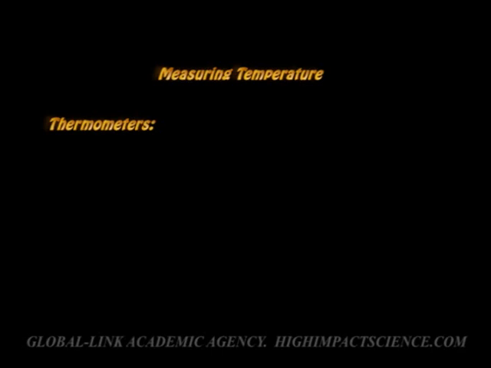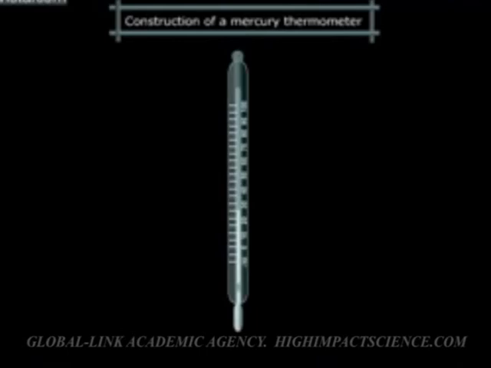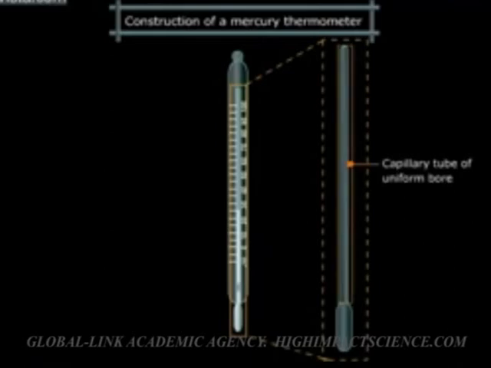Measuring temperature. The temperature of a body is measured using an instrument called a thermometer. A liquid like mercury or alcohol is used, and hence the name liquid-in-glass thermometer. A mercury thermometer consists of a thin glass capillary tube of uniform bore.